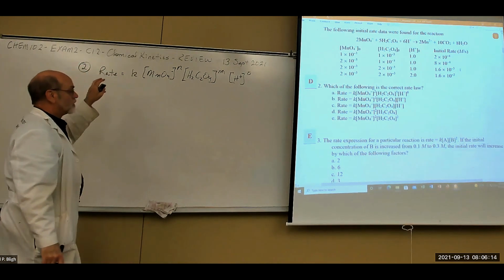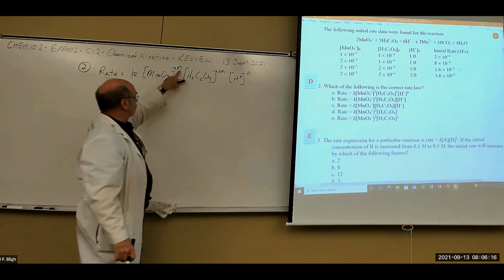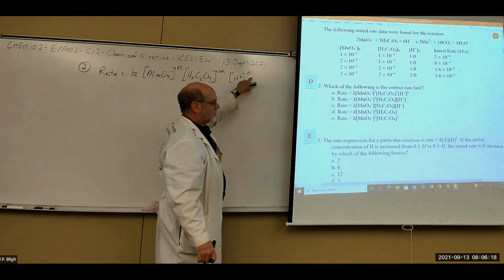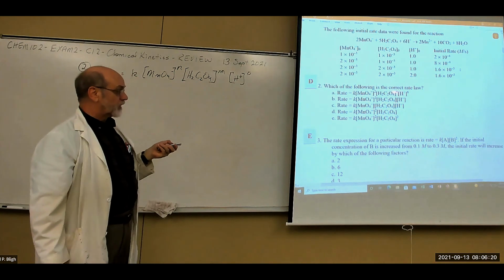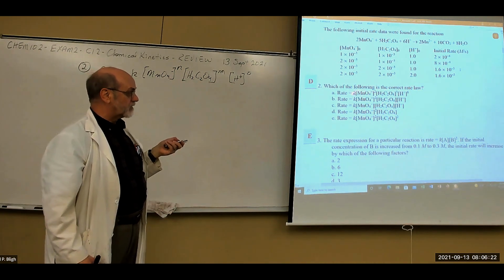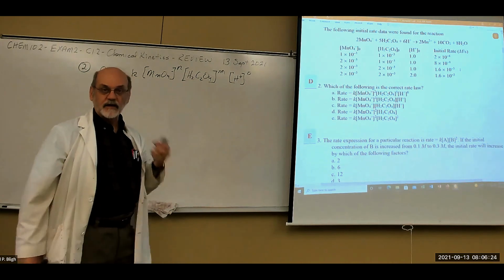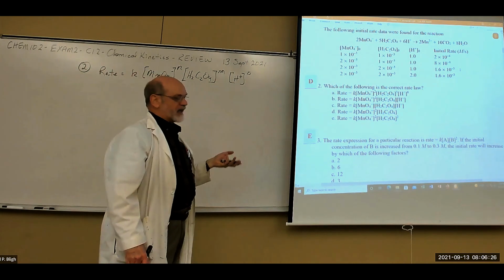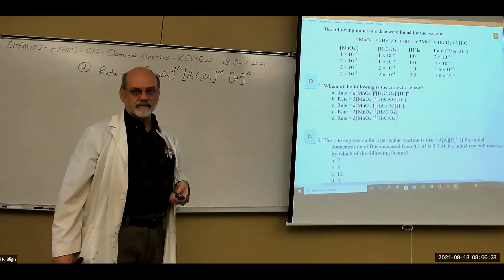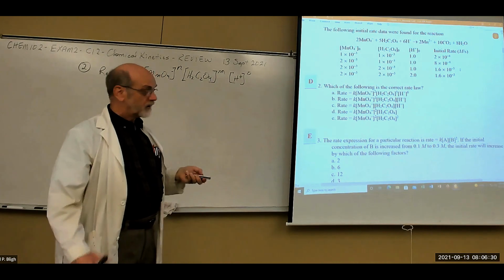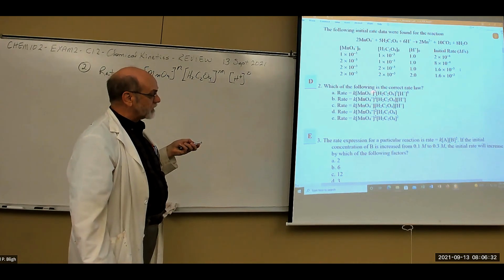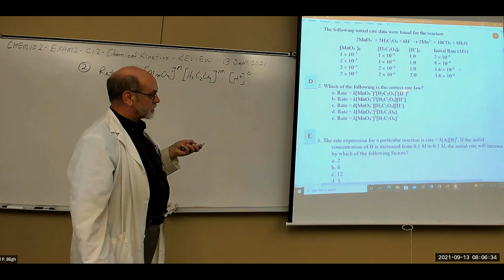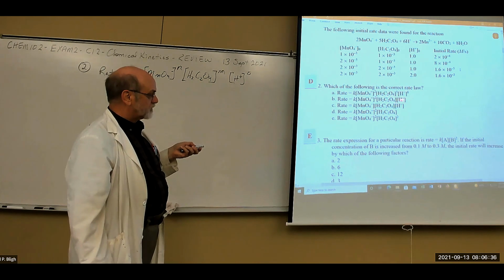So we need to find values for those orders. Now the complete rate law is going to have a K value in there, but this problem doesn't ask you for that, so you don't need to calculate it. What we're looking for in this problem is the orders, these powers here.